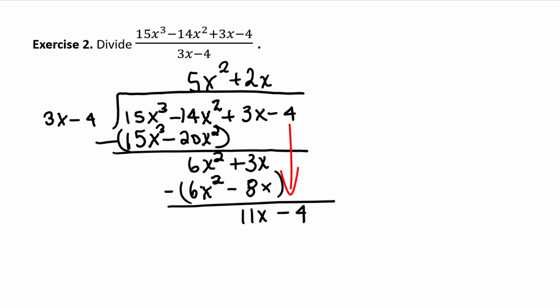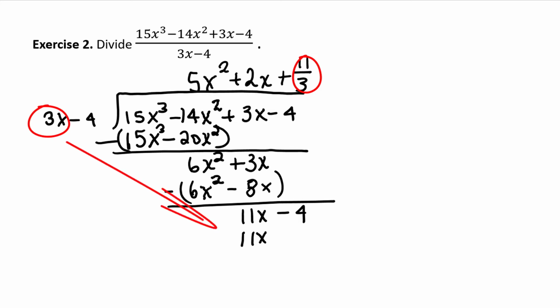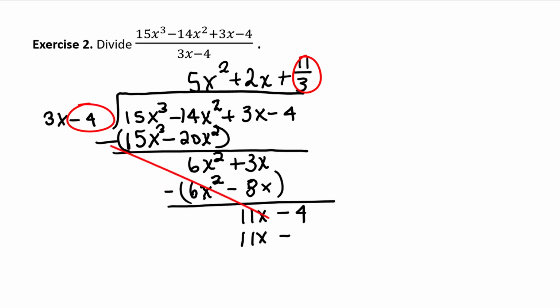And the last one is, what factor do you multiply to 3 to get 11? And that turns out to be the fraction 11 thirds. So 11 thirds times 3x gives you the desired 11x, and then 11/3 times -4 is negative 44/3, multiplying across.